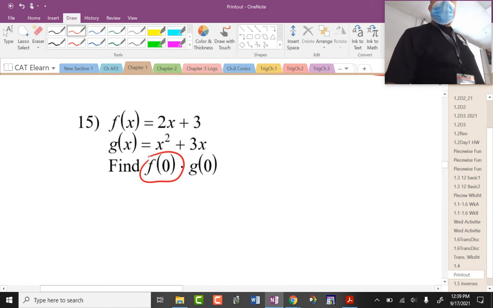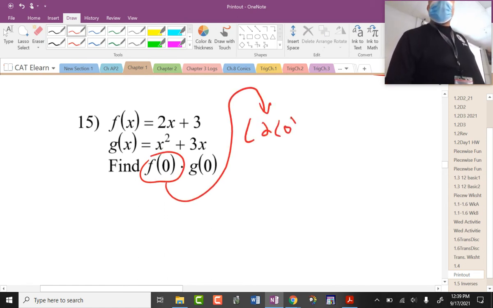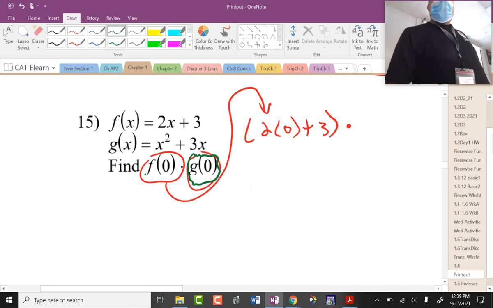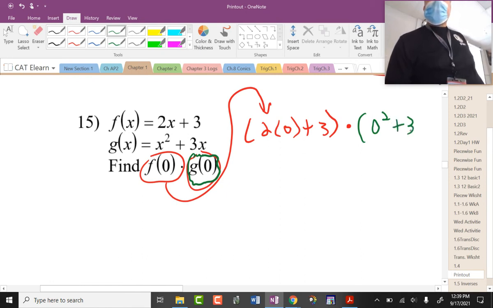So what's f of 0? Fine, I'll write it. It's 2 times 0 plus 3. But then I'm supposed to multiply that by, if I will even color code it, g of 0, which means I go to the g function and I plug in a 0 for x.